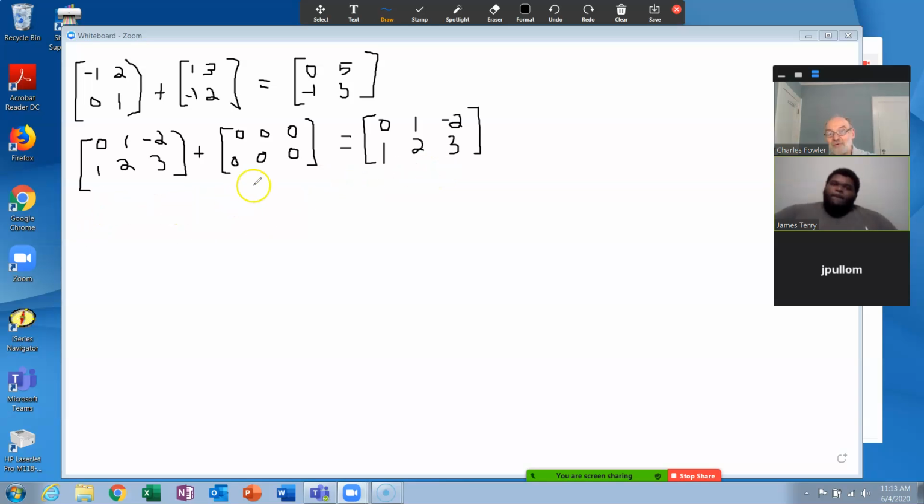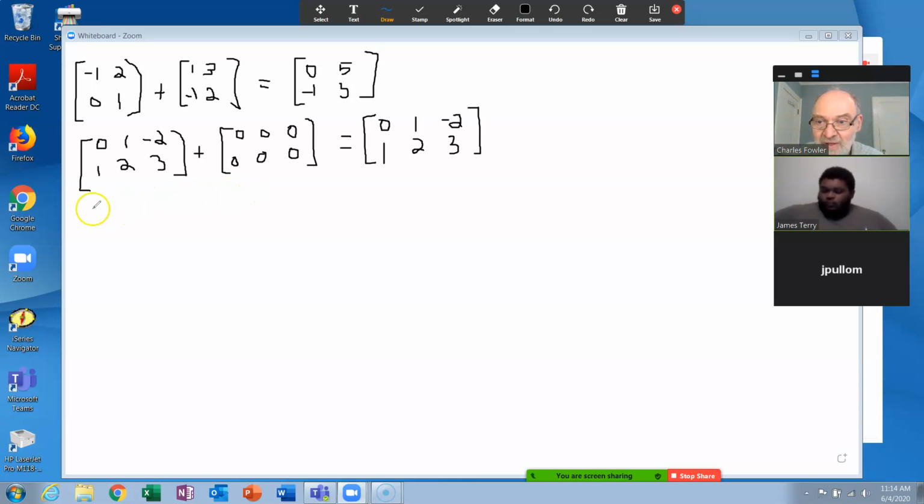So therefore, the 0 matrix is also called the additive identity element in matrices. Okay? Just like 0, the number, is the additive identity element in real number addition, and any kind of addition, the 0 matrix of the right size is the additive identity element in matrix addition.